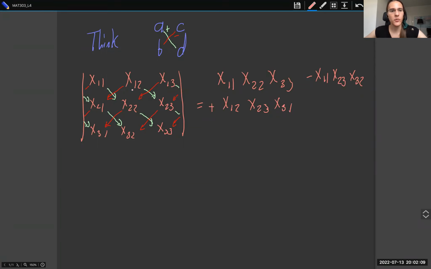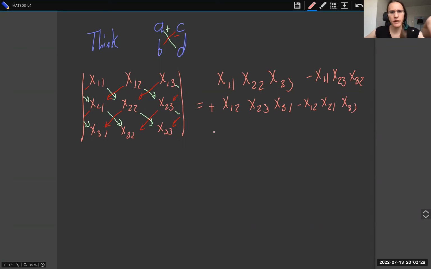So that's the green thing going in the second thing. Then I'm going to do the red thing going from the second thing, minus x12, x21, x33.